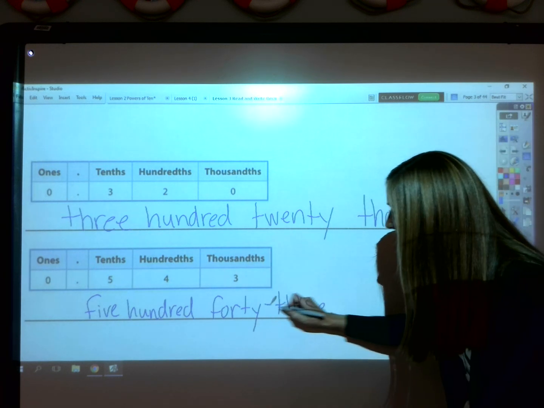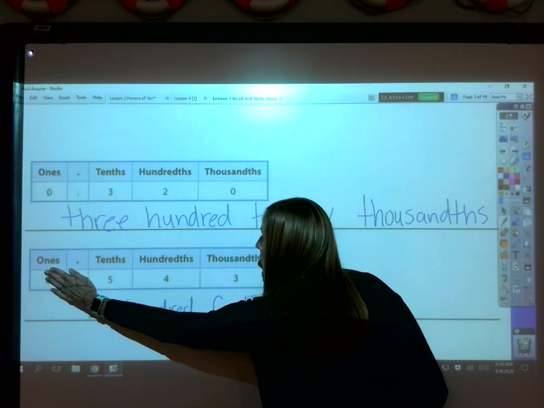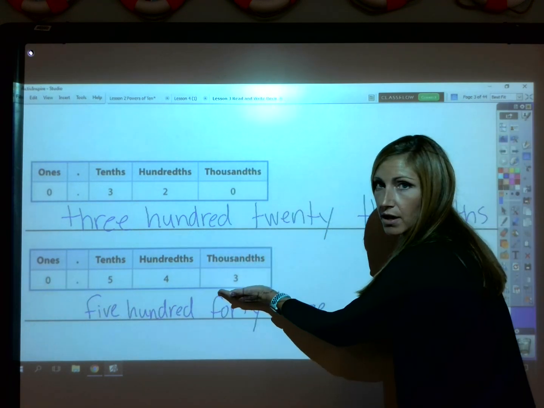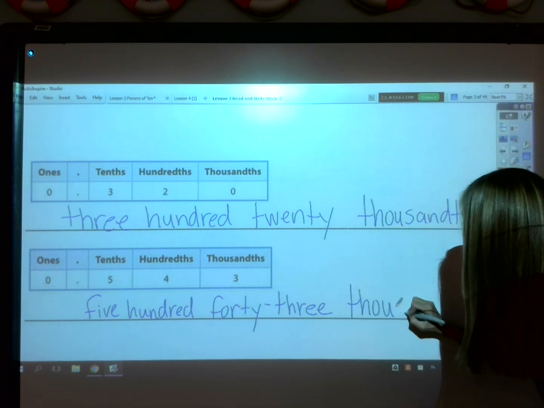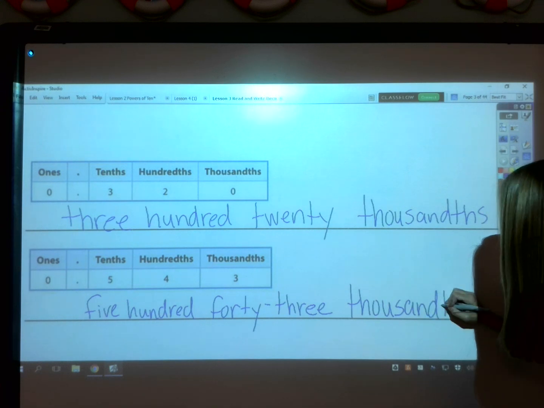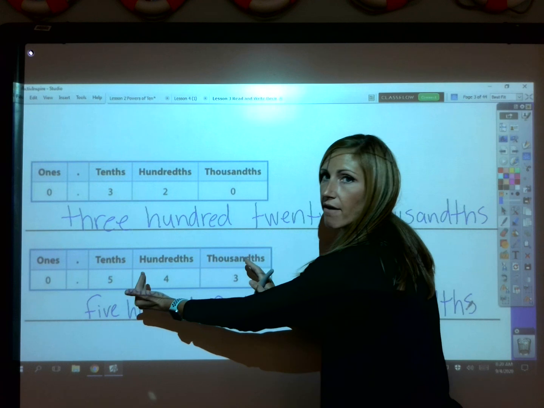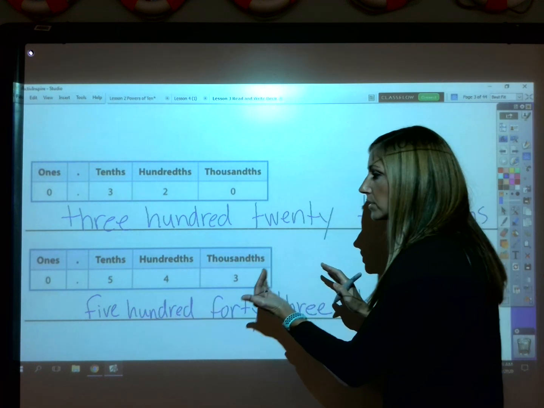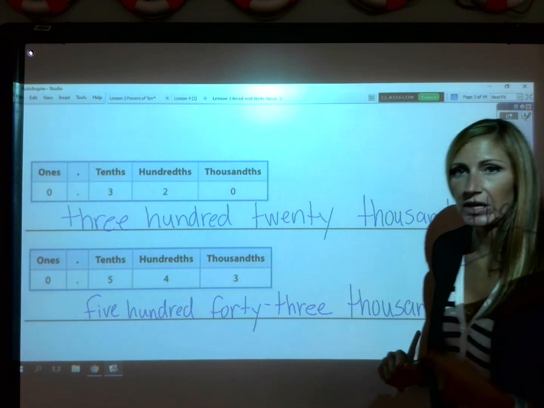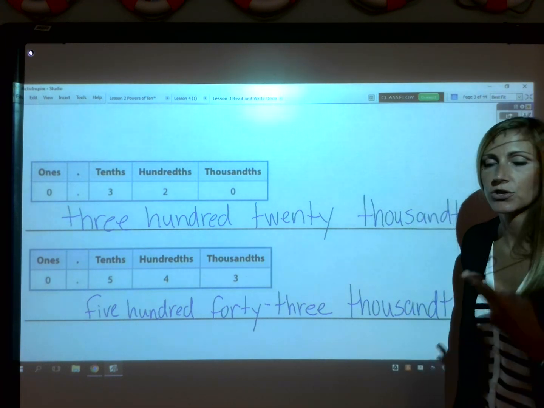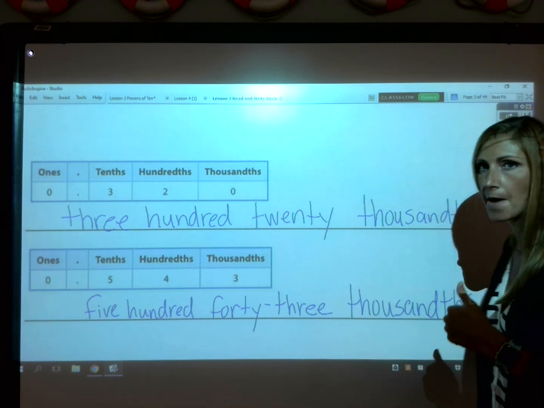Yep, a hyphen. 43, so 543, I can see that as if it was a whole number, and it goes all the way to the thousandths. So we have to write that at the very end. If we didn't have this thousandths, we wouldn't know how many place values over this 540 actually was going to fill up. Read it like a whole number and make sure you write the place value that the number ends in, okay?